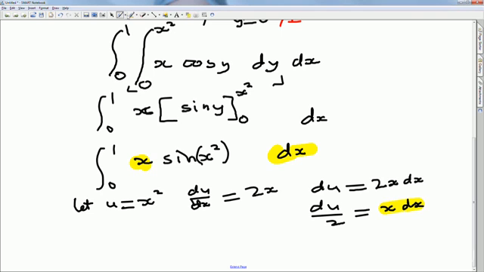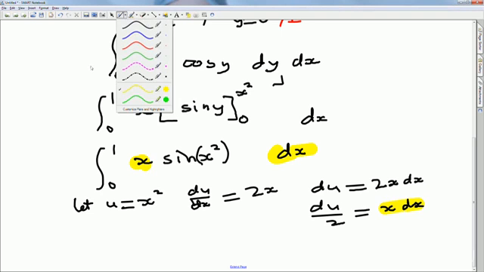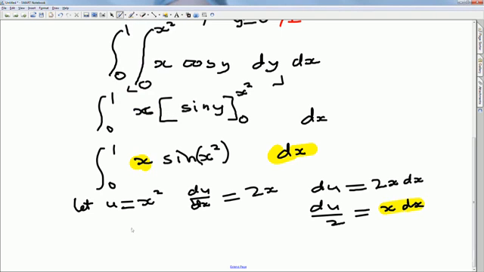Before I do that, I also need to replace the limits. x equals 1 and x equals 0 are the limits. So substitute those into our expression for u. x equals 1 gives me u equals 1 squared, x equals 0 gives u equals 0 squared.